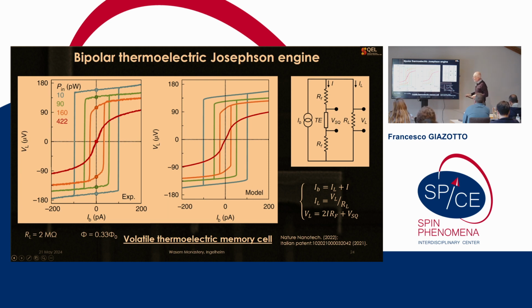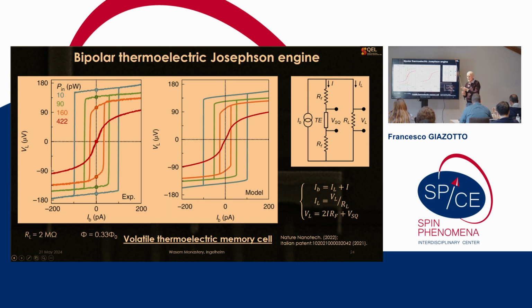Okay. So what is nice is that with this kind of system, you immediately see this is the prototype of a non-volatile thermoelectric memory cell. So we have two states, depending on where we sit. Okay, so we have one state, 0 state.